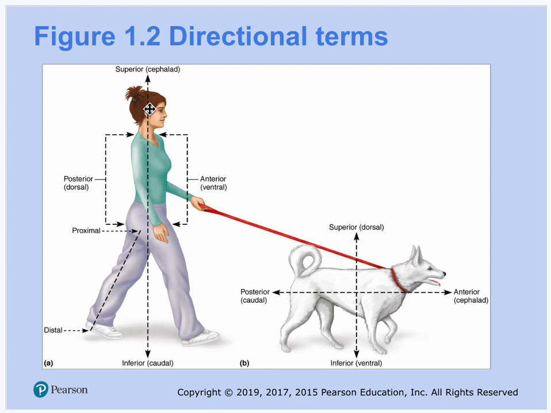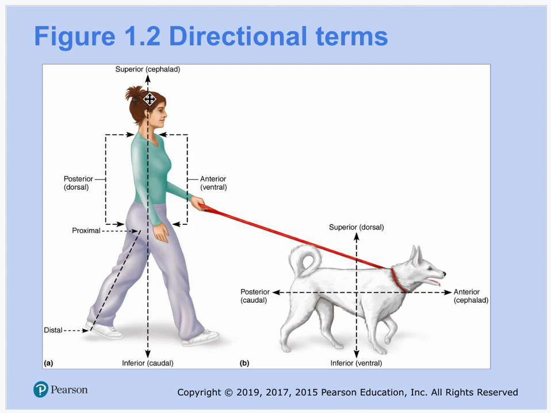When we're talking about the trunk, which includes the head and the torso, we use superior and inferior. Superior being above, inferior being below, and these are relative terms.